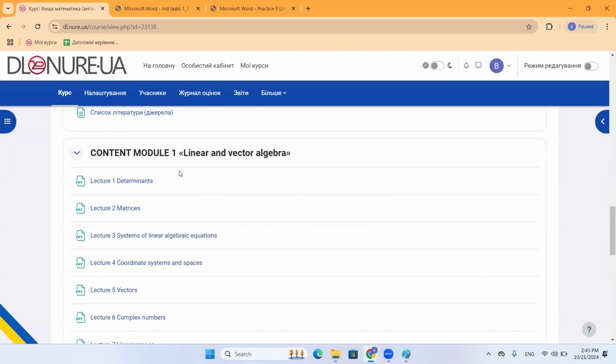On DL, you have some time to solve, and when the time is up, the testing is finished, or you can finish it earlier. Like when you were taking the NMT, by the way, the procedure is similar.